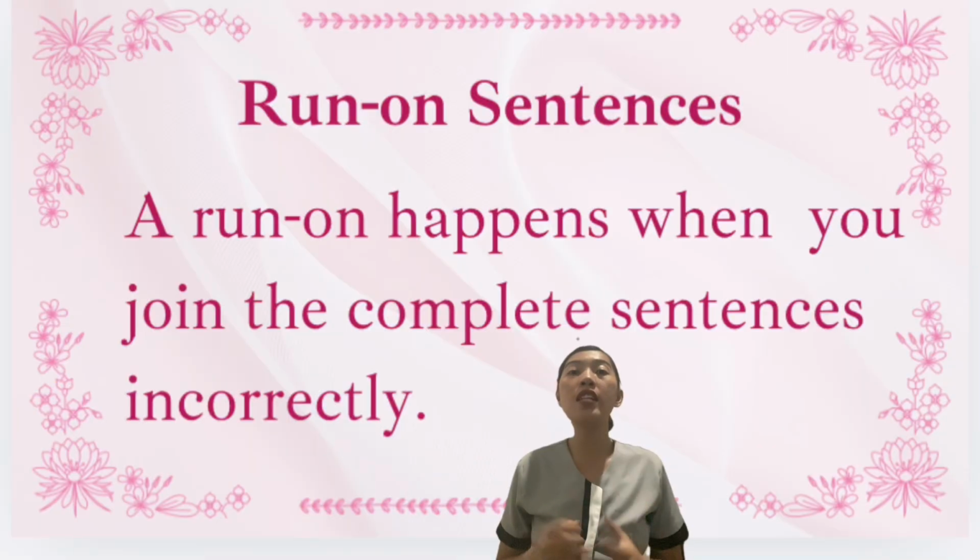Now, we go to the most common error students make. Even us college students struggle here. This is run-on sentences and comma splices. So a run-on happens when you join two complete sentences incorrectly. So always remember, independent clause equals complete sentence.